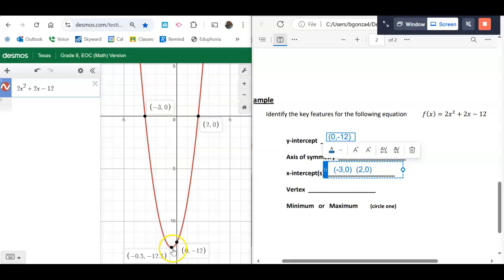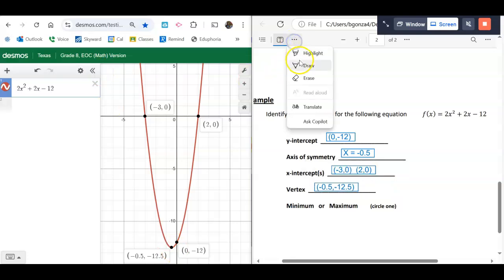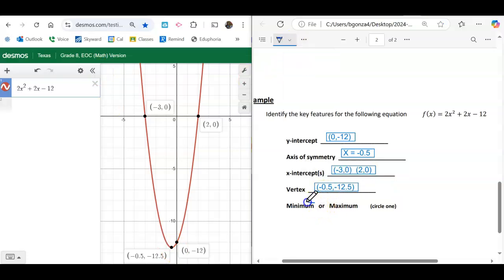The vertex is at the bottom, which is negative 0.5 and negative 12.5. Since it's at the bottom of a U shape, a parabola, that's a minimum. Cool.